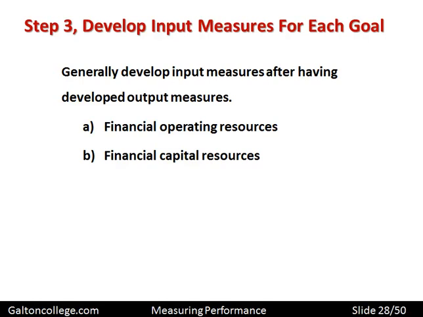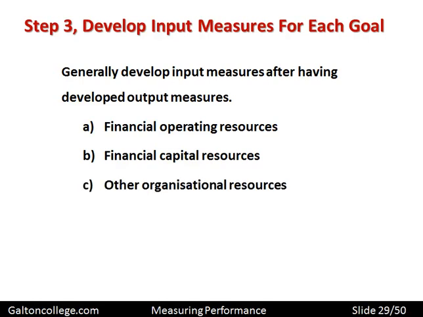Are the financial capital resources available? If they're not, there's no point in planning ahead to have output growth or development as set out in the output section of this analysis. If the resources are not available, then the planning will come to nothing. Nothing will be achieved.